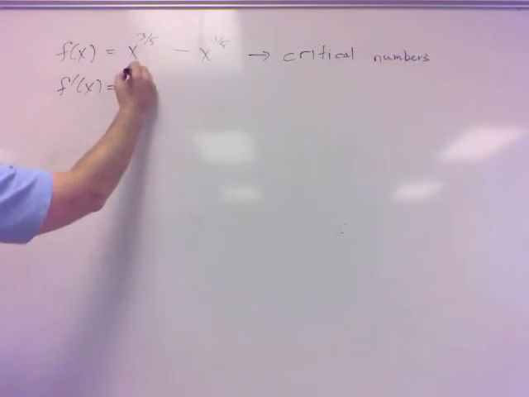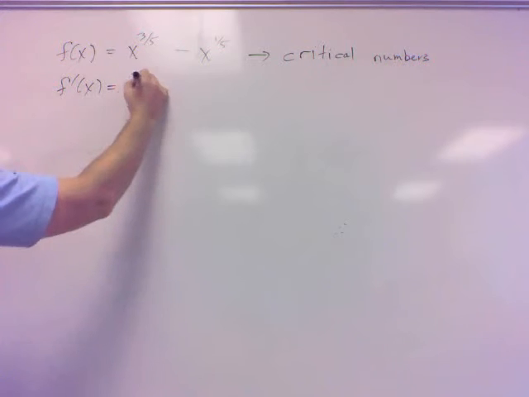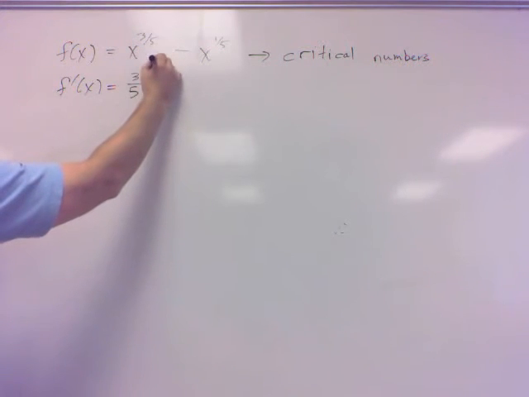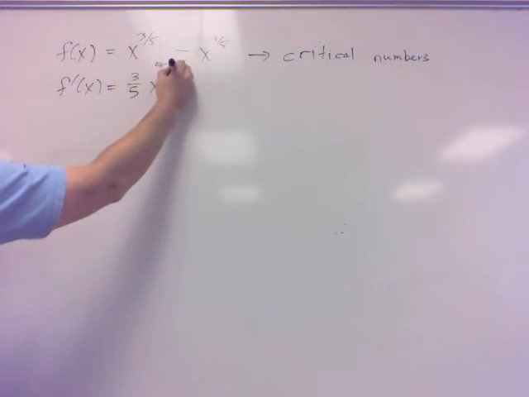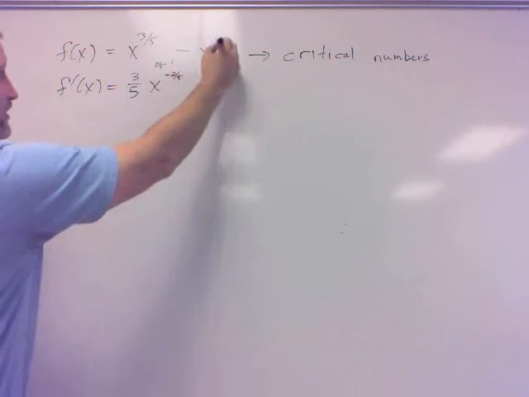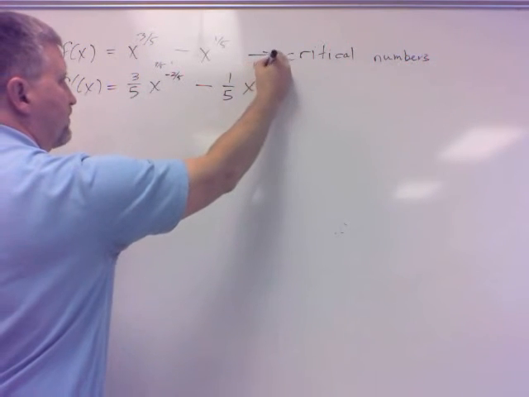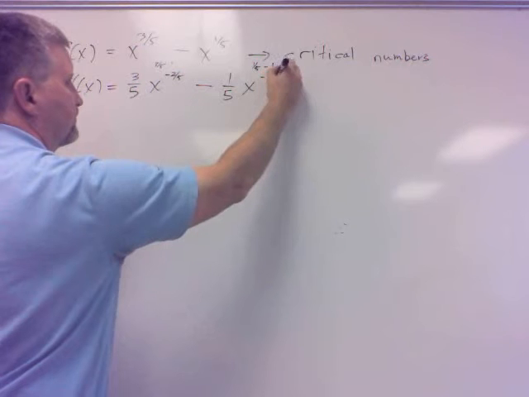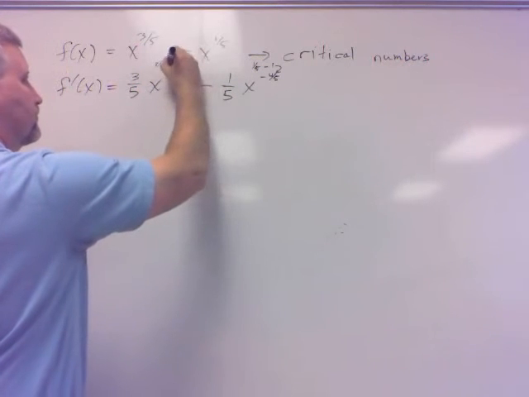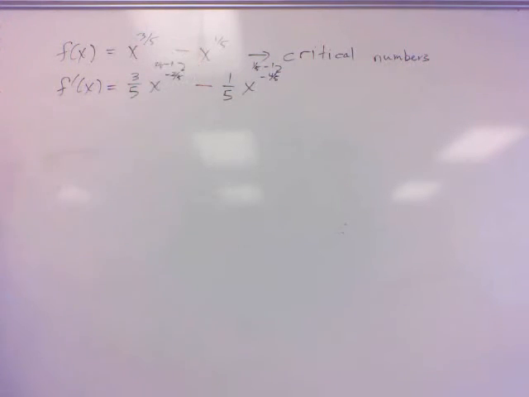Well, the derivative here would be 3/5 x, well, you do 3/5 minus 1, you get negative 2/5, don't you? Here you do one derivative, so you'd be 1/5 x to the, well, you do 1/5 minus 1, that'd be minus 4/5. With me? All right.